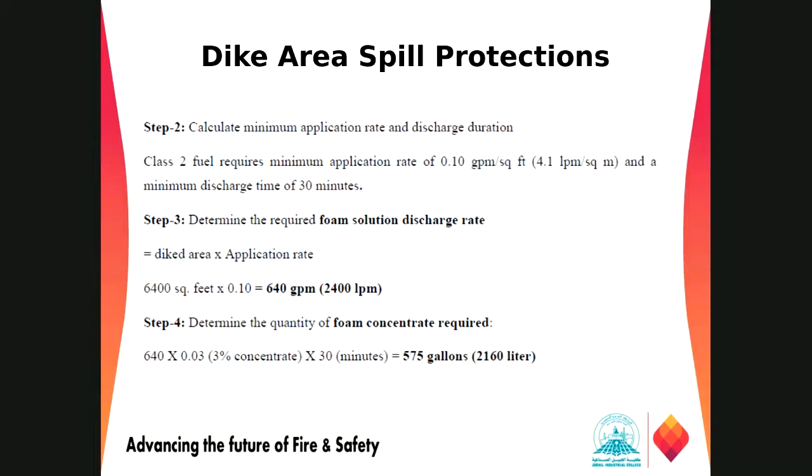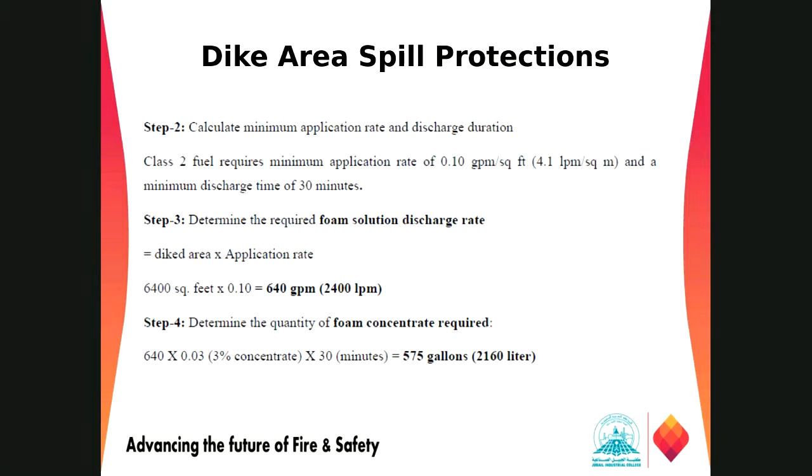The next one is step 4, which is to determine the quantity of foam concentrate required for this application. So we need 640 GPM for this area, multiplied by 0.03, which is 3% concentrate, and 30 minutes, right?